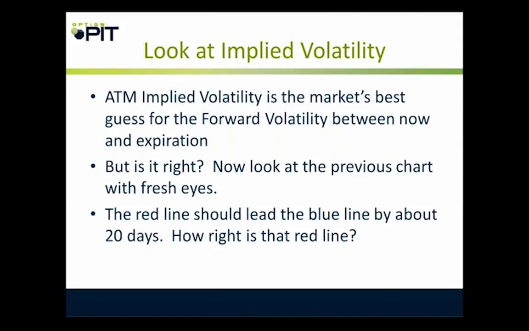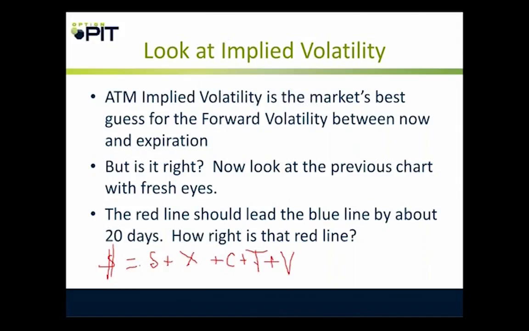Since we don't know forward volatility, that is why we get implied volatility. So what is implied volatility? It's simple. You've got your option's price, and then through a differential equation, we use the factors: the stock price, the strike price, the cost to carry, the time to expiration, and the volatility.